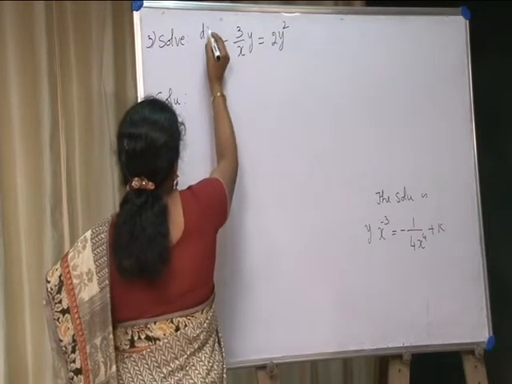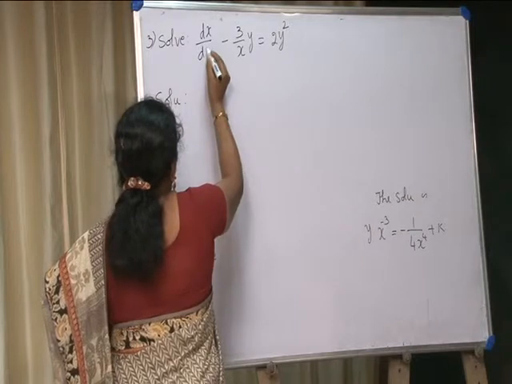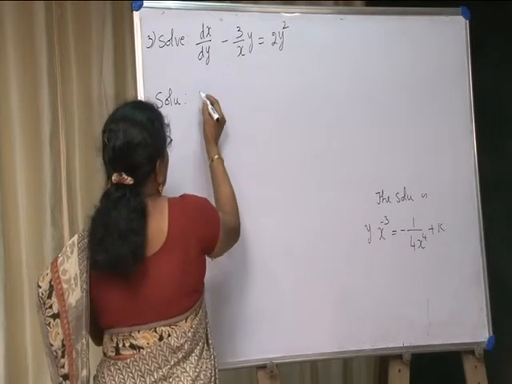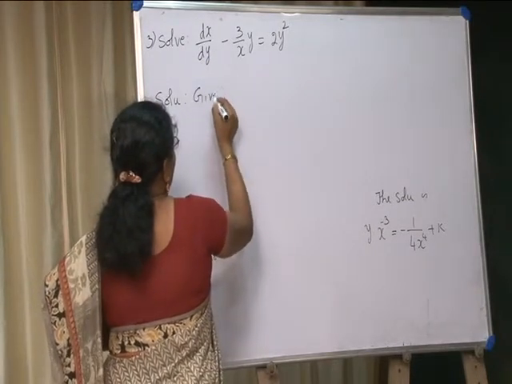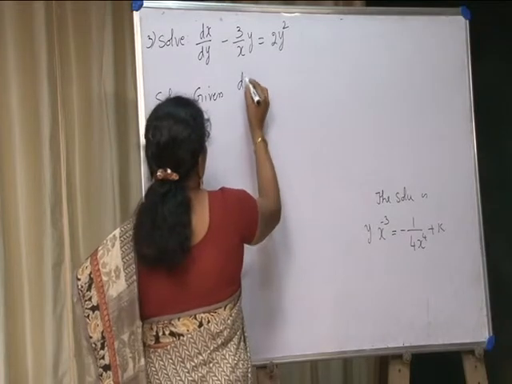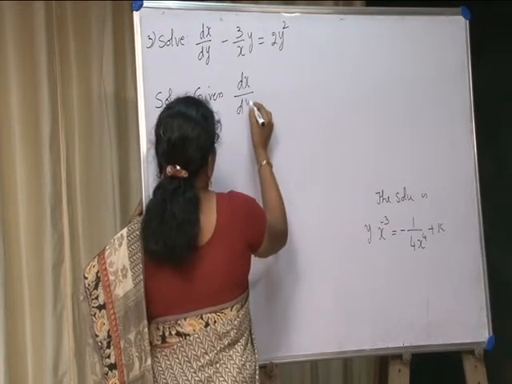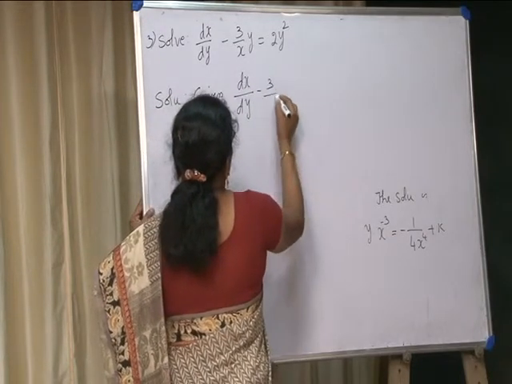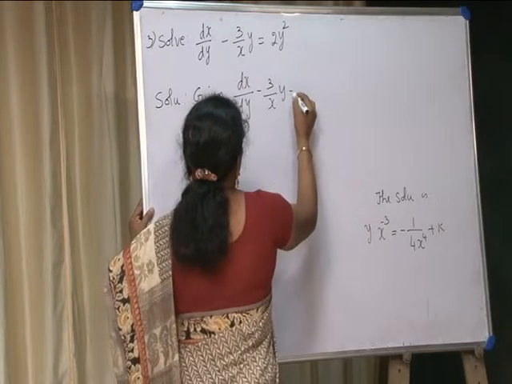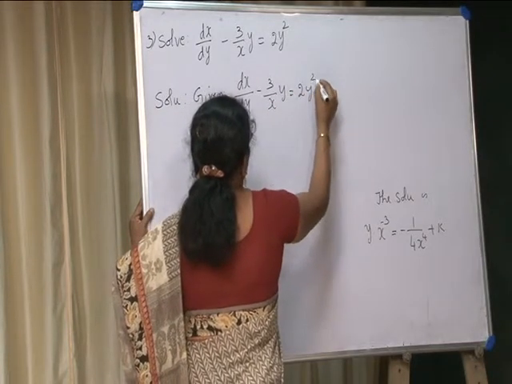So given dx by dy minus 3 by x is equal to 2y squared.